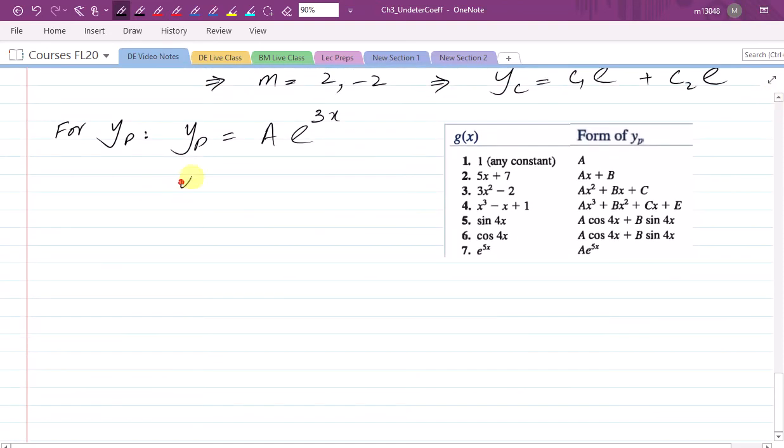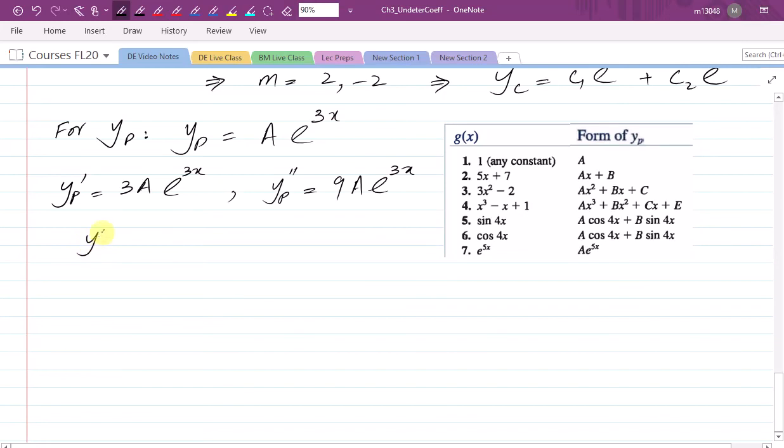Once again we need two derivatives because it's a second order equation. yp prime will be 3a e power 3x. yp double prime will be 9a e power 3x.